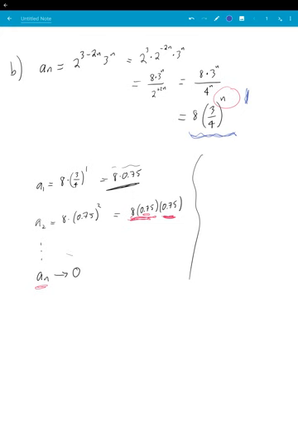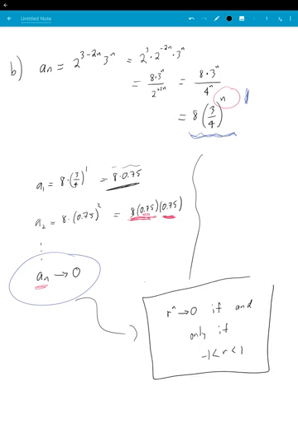Altogether we see that a_n is going to 0. Perhaps to summarize, r^n goes to 0 if and only if r is between -1 and 1. So write that down. That's going to be something we use over and over and over again.